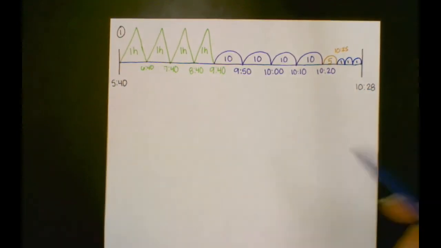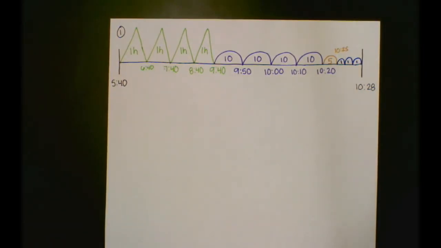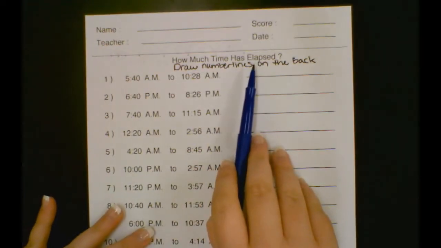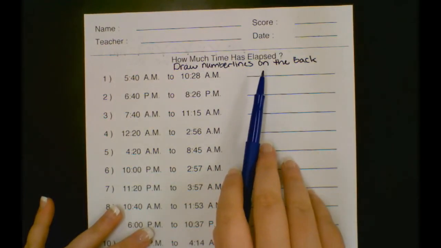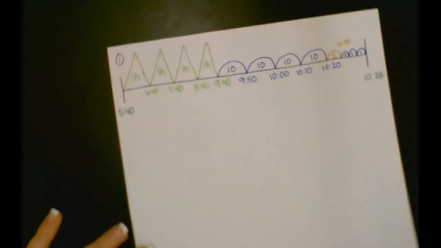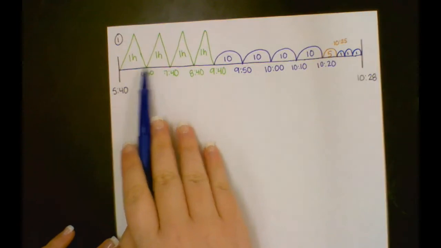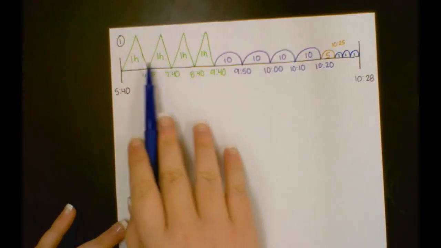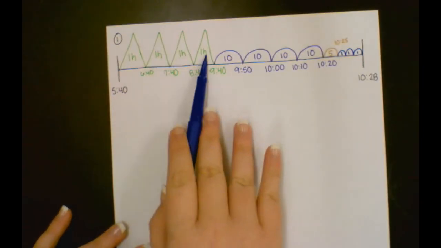Sometimes they think they're done at this point, and they're really not. If you look at the very front page, it wants to know the elapsed time. You worked really hard to make the number line, but now you have to tell me the elapsed time. We know we have hours, so we look at the hours first. We have 1, 2, 3, 4.